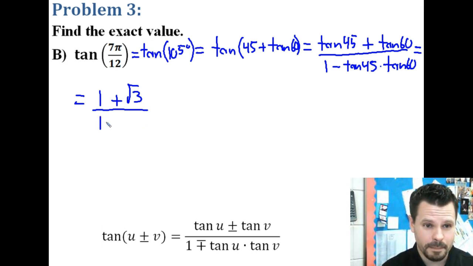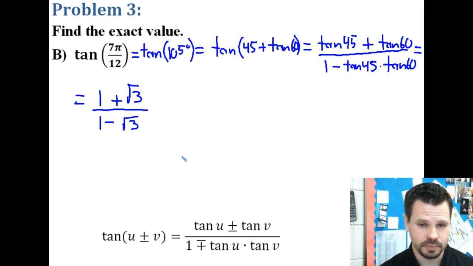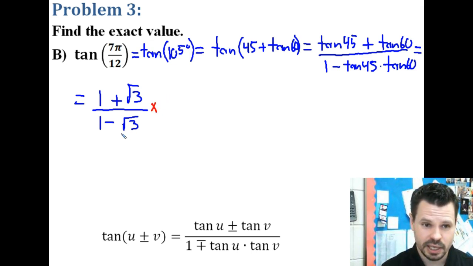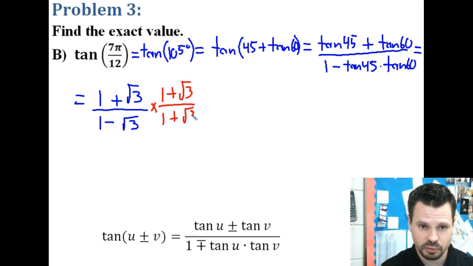And then in the denominator we have 1 minus tan 45 is 1, and then tan 60 is root 3. So there's 1 minus root 3 in the denominator. Right off the bat, this one looks a lot nicer just because I don't have a tangent 45 anywhere in sight here. I do still need to rationalize this. We'll multiply by the conjugate of the denominator, 1 plus root 3 over 1 plus root 3.